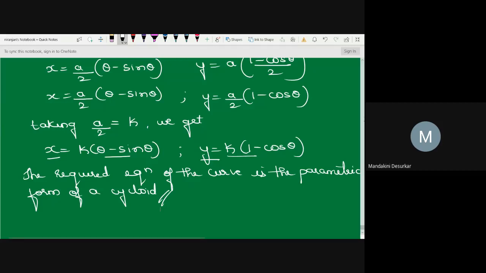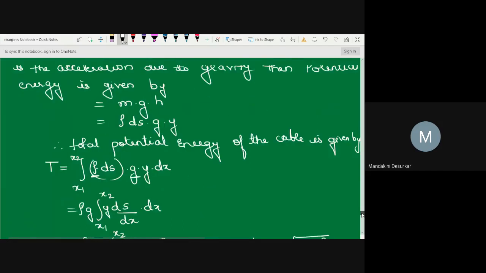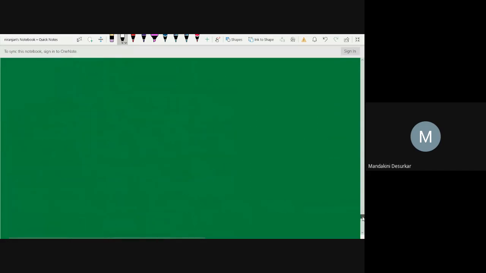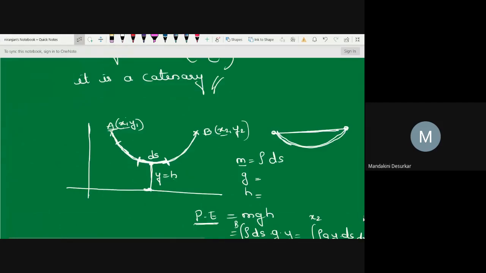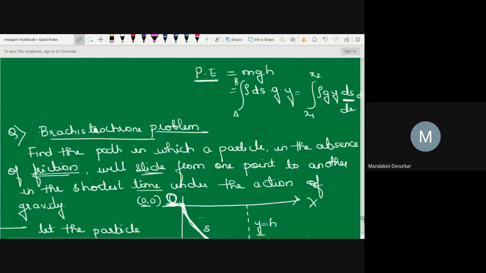What is in the question? You can write it in this way: the path of a particle moving in a plane under the action of gravity, the shortest time.